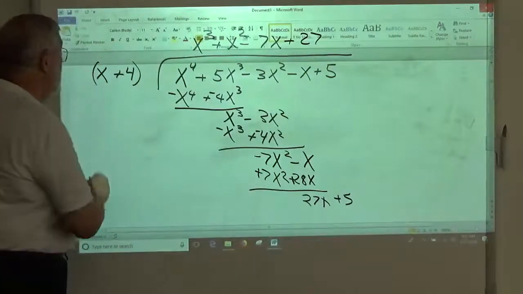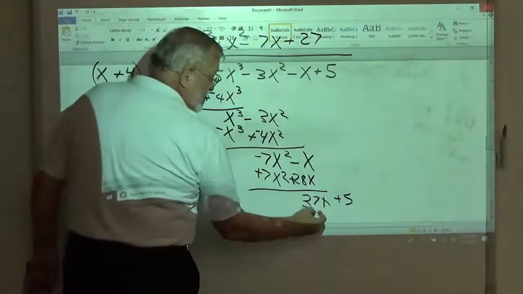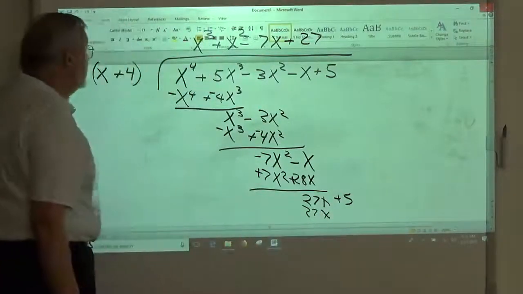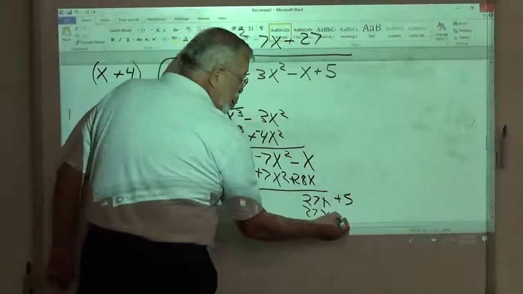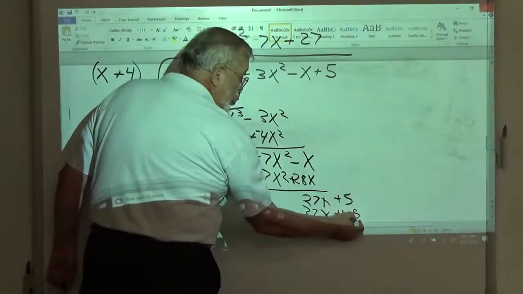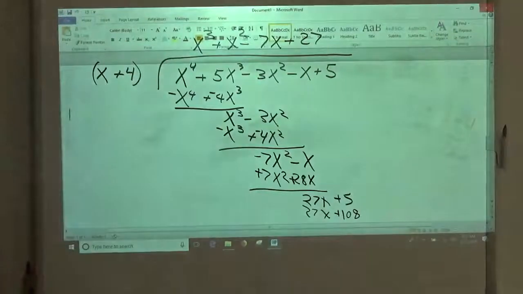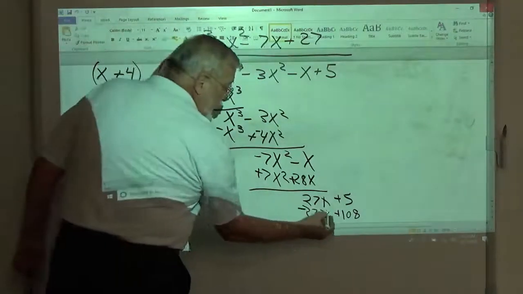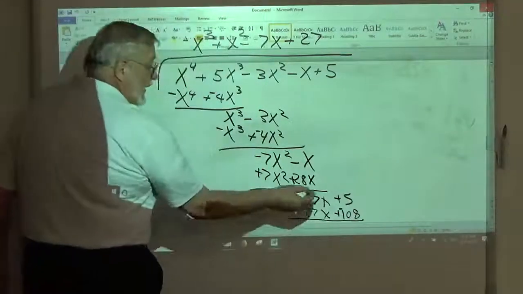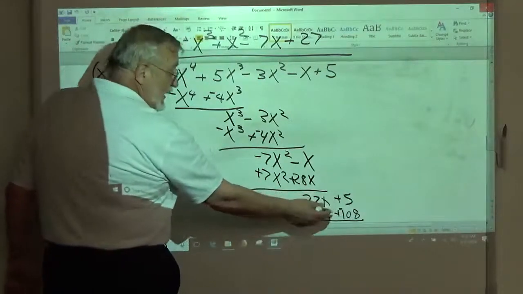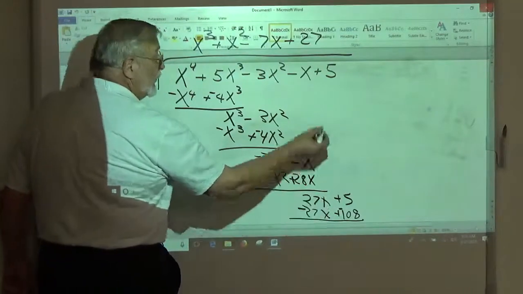And 27 times that is 27x. And 27 times 4 looks like 108. All right, change signs, negative, negative, and my remainder is a negative 103.